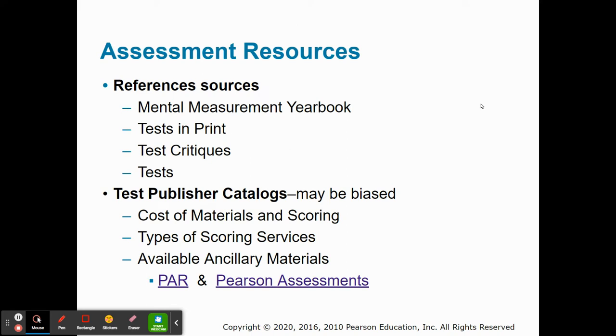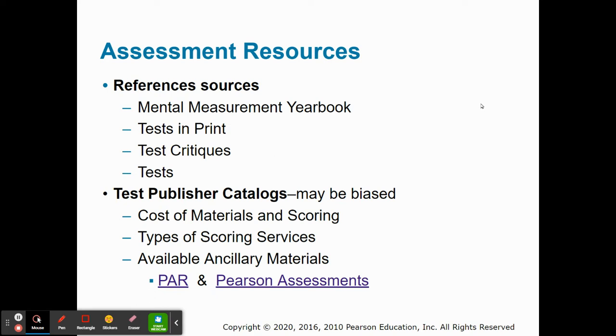So some additional places to look for assessment resources. We have reference materials, like the Mental Measurements Yearbook. I know that you guys are probably all very familiar with that by this point. Tests in Print, etc. The test publisher catalogs. I think the test publisher catalogs are a great resource.